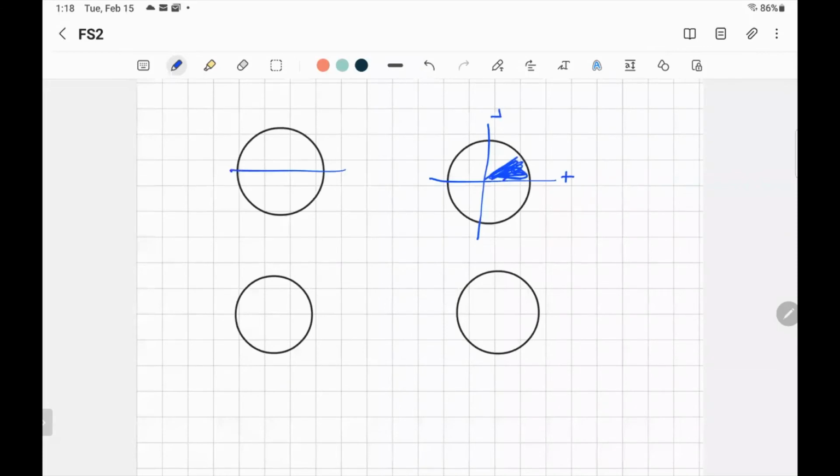What about if it's in the second quarter? If it's here, you are moving up to this line. So what is your theta? That's your theta. If you call this angle phi, then theta is the arctan of the absolute value of b over the absolute value of a.